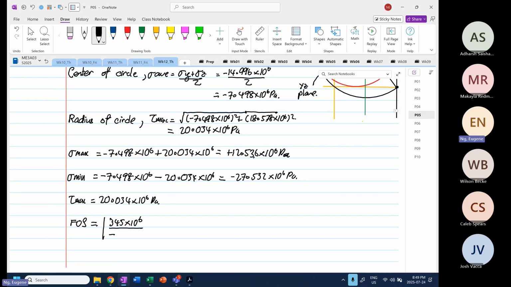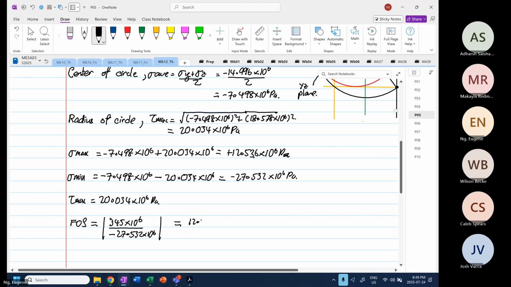But you divide by what? 27.532, the absolute value. So the factor of safety is 345 divided by 27.532, which is 12.53.